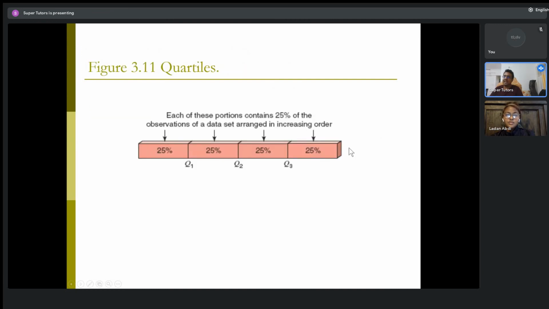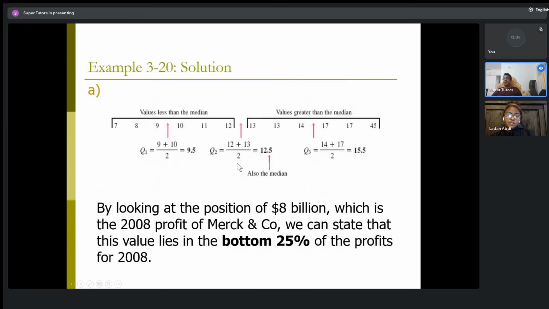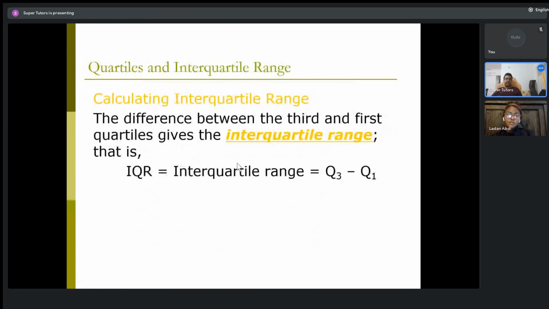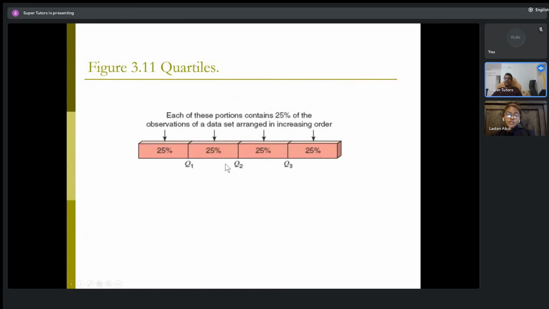If I have a ranked data set arranged in increasing order, I can divide it into four equal parts of 25% of data each using three quartiles, Q1, Q2, and Q3. The second quartile is always the median, the same thing that we studied earlier in this chapter. And Q1 and Q3 are calculated as we'll go through in future slides.